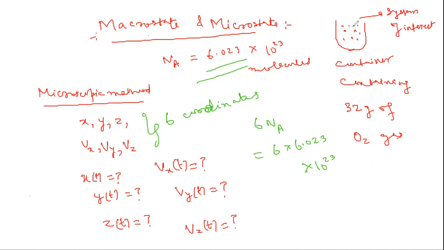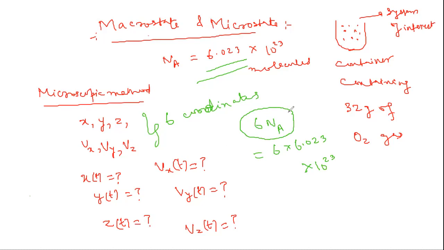So for this system, you will have 6Na number of equations to figure out. This is the microscopic description of the system.